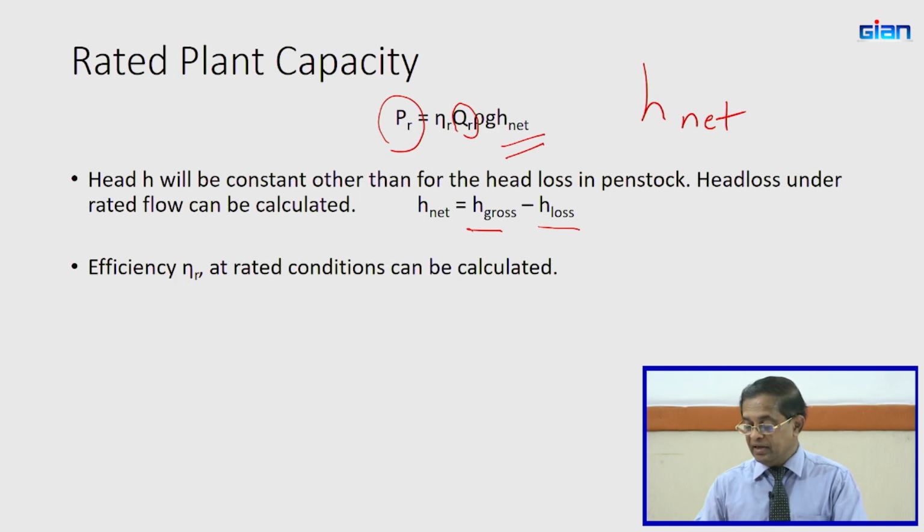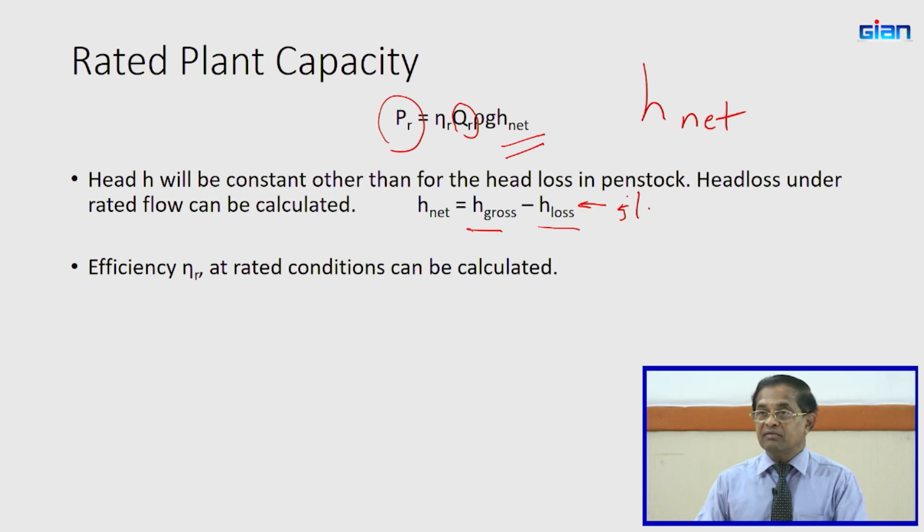Therefore, net head is equal to gross head minus head loss. Head loss we will keep generally to about 5% of the available head. We will keep it less than 5% of the available head in our penstock design. The penstock diameter will be decided so that head loss will be not more than 5% of the available head.